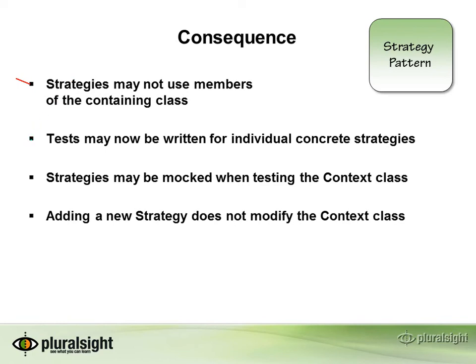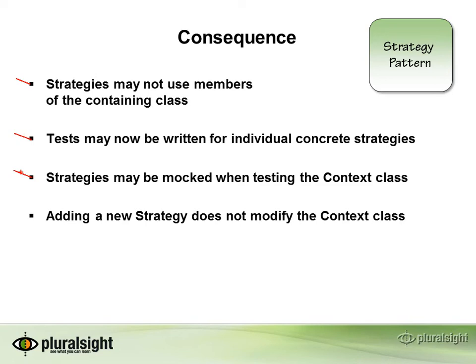Also, we get to write tests for our individual concrete strategies, meaning that we can build up a test harness, maybe through unit testing, specifically for our UPS tests, and another one specifically for our DHL tests.